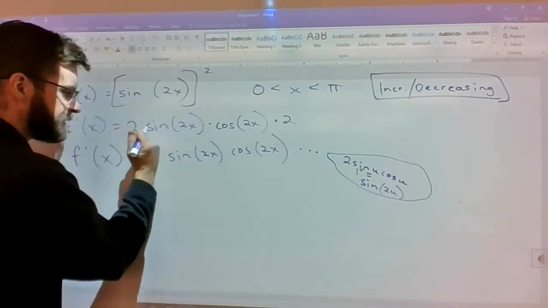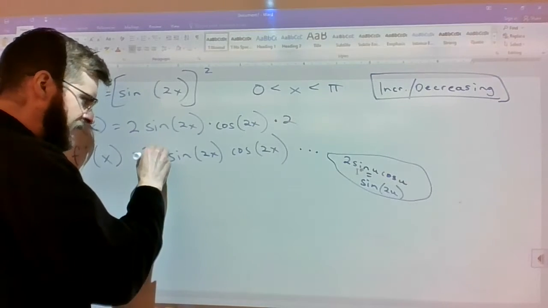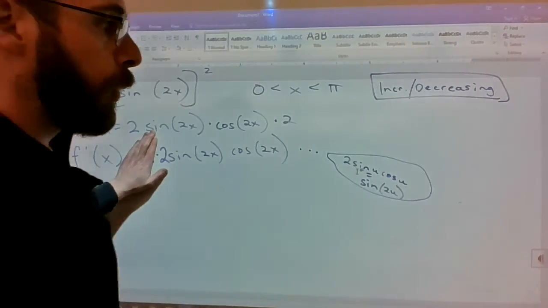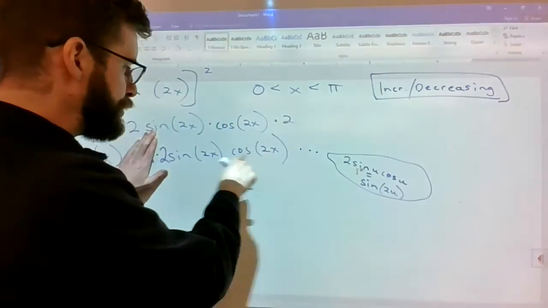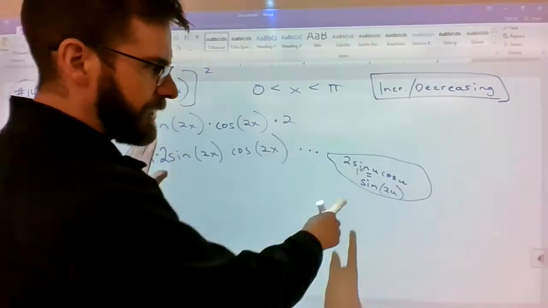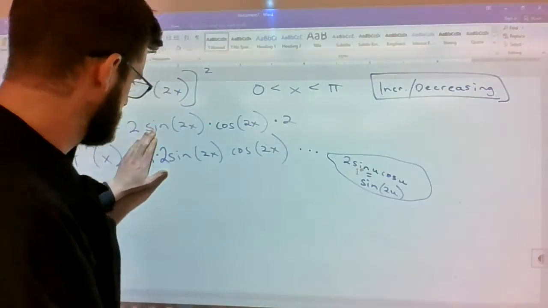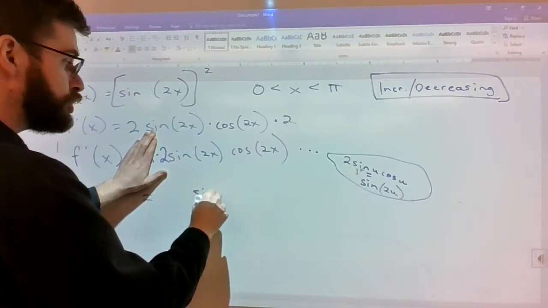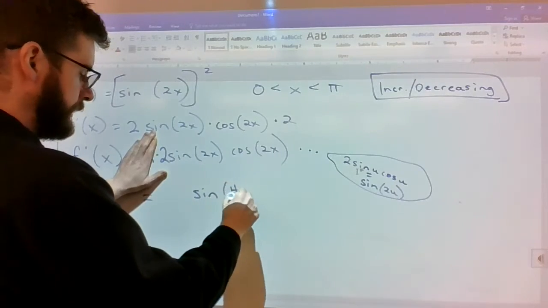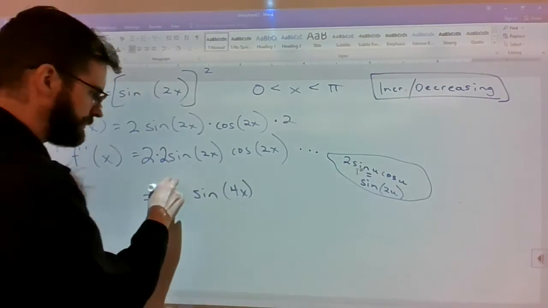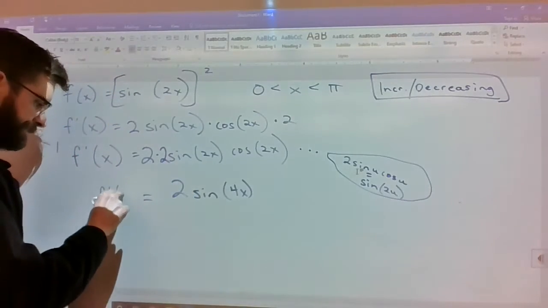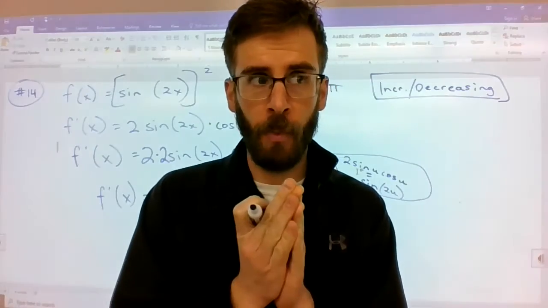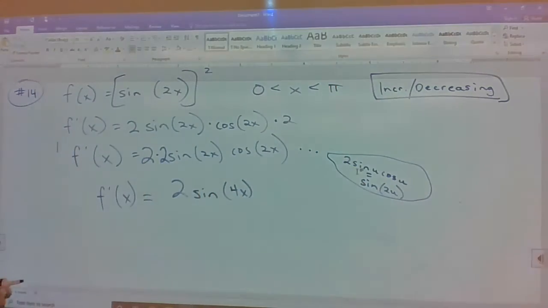And all I got to do here is say it's 2 times that, where the u is 2x. So it's going to be the sine of 2 times 2x. So you can replace this with the sine of 4x. Now, there was an extra 2 out front, so it's going to be 2 sine of 4x. My apologies. If you weren't thinking we were going to use that formula, we are. So then 2 times sine of 4x, got it.